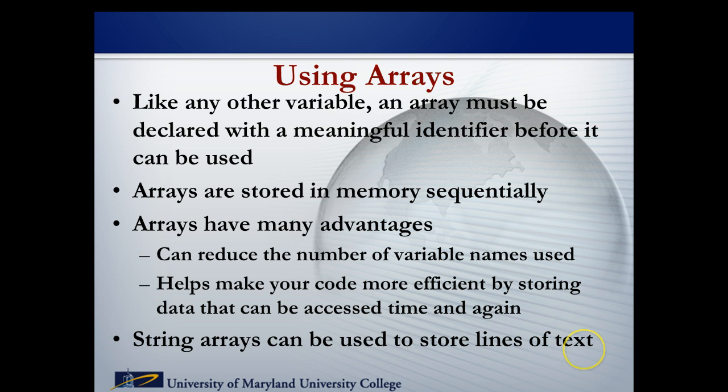There are also some advantages to arrays. They decrease the number of variable names you have to manage through your program, which is certainly beneficial when you start getting longer and longer programs, and they can make your code more efficient and decrease the access time when accessing that data.